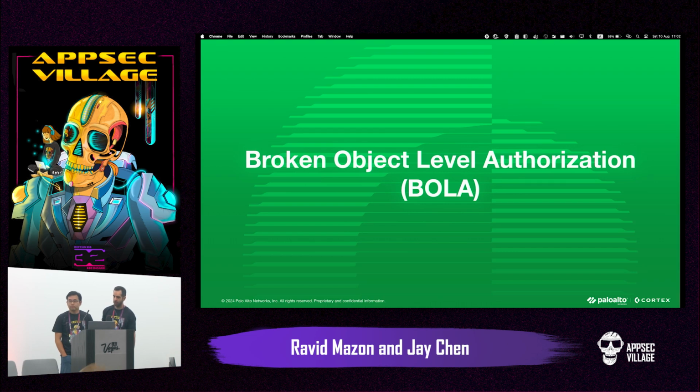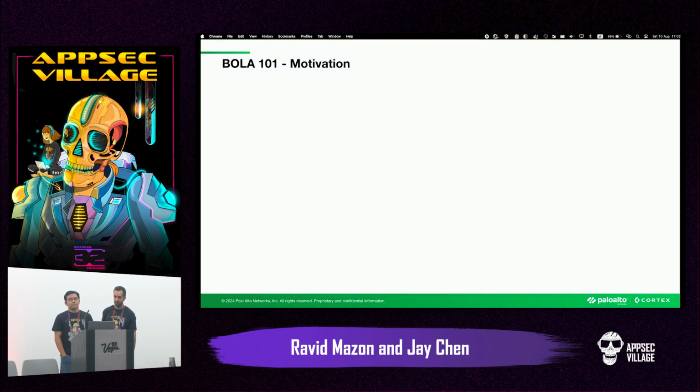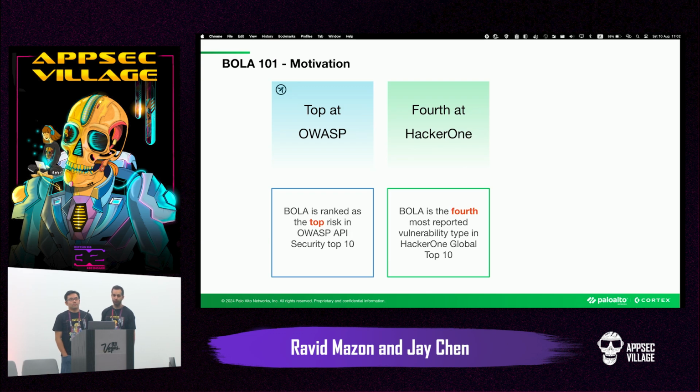So broken object level authorization, or BOLA for short. Our motivation for the research was pretty huge, I would say. For those of you who are not familiar with BOLA, it is ranked at the top risk in the OWASP API Top 10.